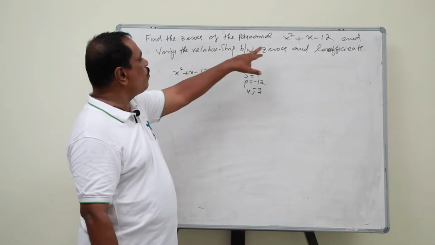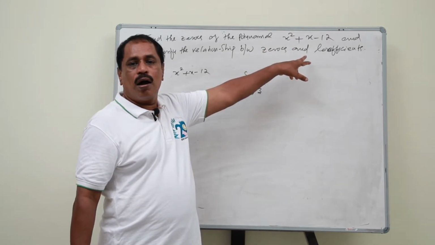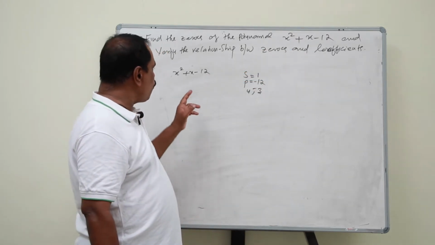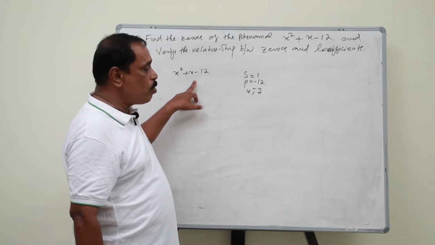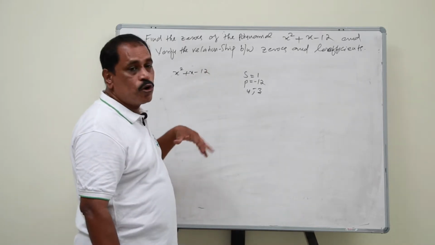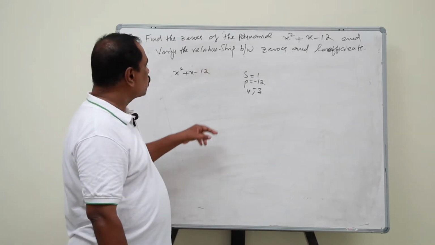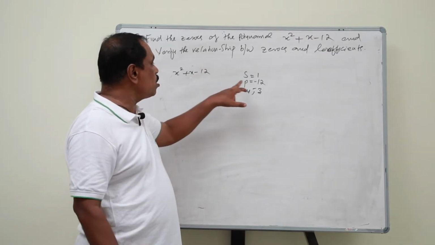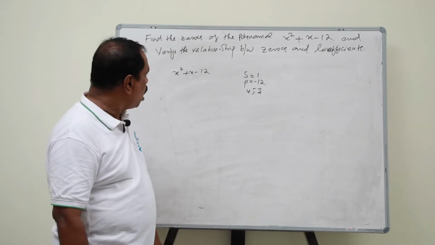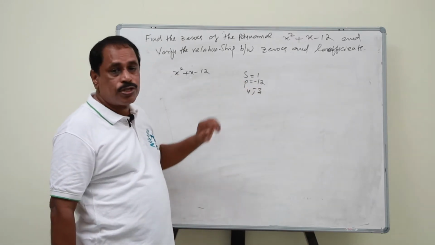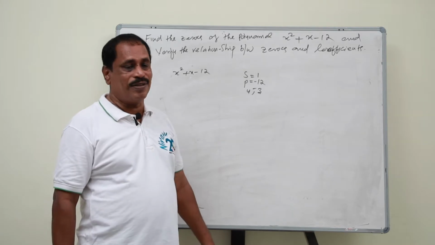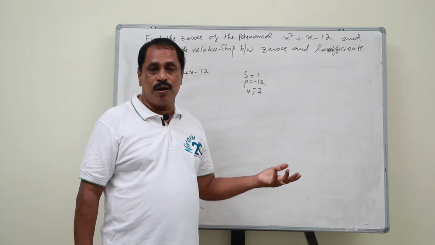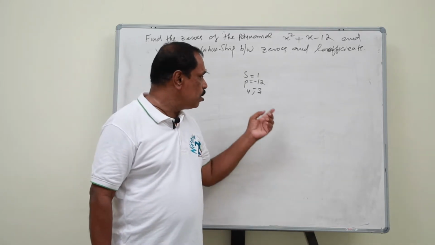So first we will find the zeros. How do we find? It's a quadratic polynomial, and we know, by splitting the middle term. Sum is 1, coefficient of x that is 1, and product is minus 12. We did in 9th standard, by splitting the middle term.